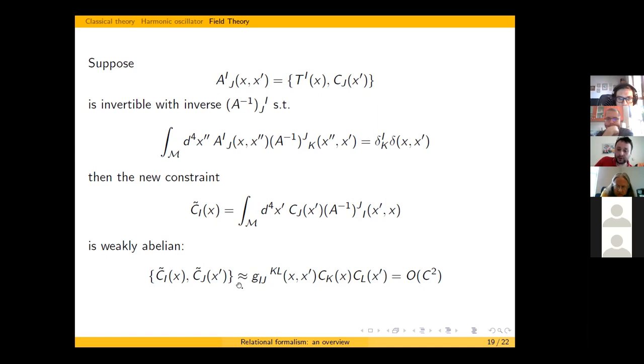So what is left here is just that this Poisson bracket is quadratic in the constraint, and this G does not weakly vanish. So this is again a first-class constraint in the sense that it preserves the submanifolds. We never get out of that. So far so good. At least this algebra is good. It is not strictly abelian because we have a quadratic term, but at least the linear term weakly vanishes.